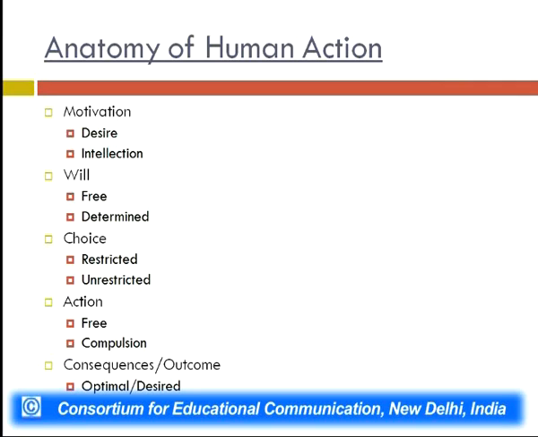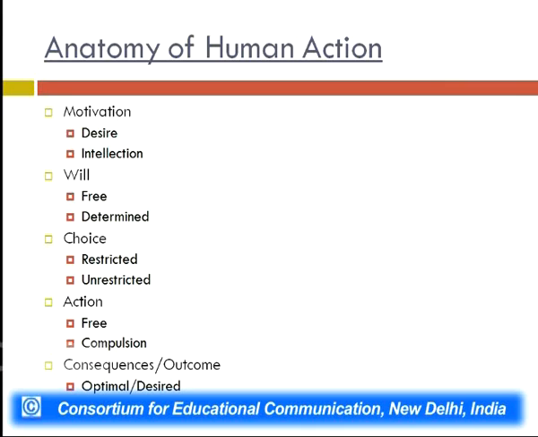It shouldn't be the case that I could be willing to act in a particular way, but I don't have a choice. So, choices could at times be restricted. As a matter of fact, as human beings, we never have completely free choice in a certain sense, because we are embodied human beings.